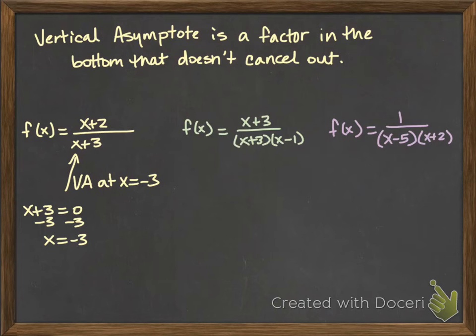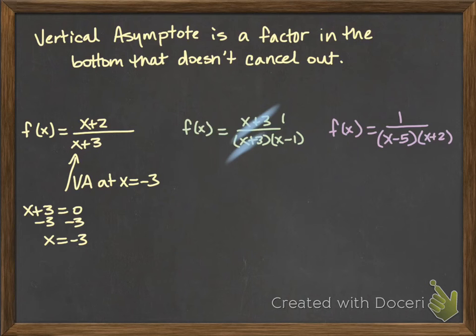I'm going a little bit quickly here, but you could always stop and rewind. In this one, we have two factors in the bottom. Notice I've already changed all of these to factored form, just to save us some time. We have an x plus 3 in the top. We have an x plus 3 and an x minus 1 in the bottom. These x plus 3's cancel with each other, so that leaves us a 1 up here.